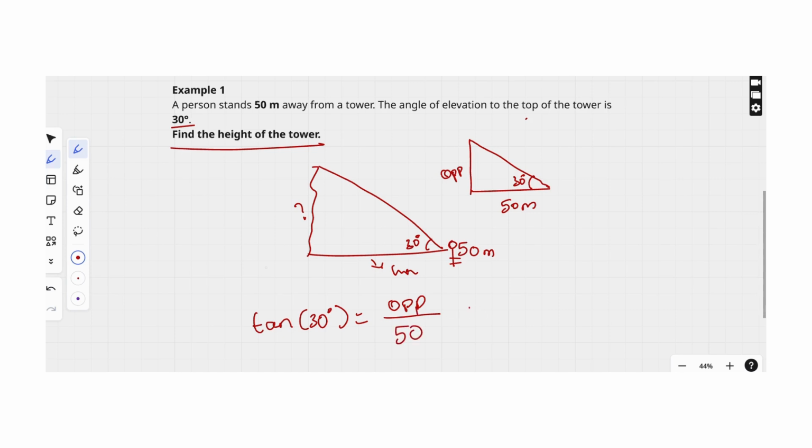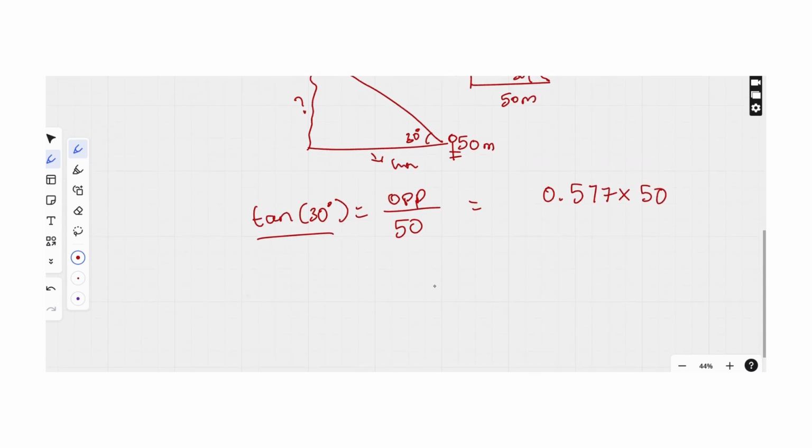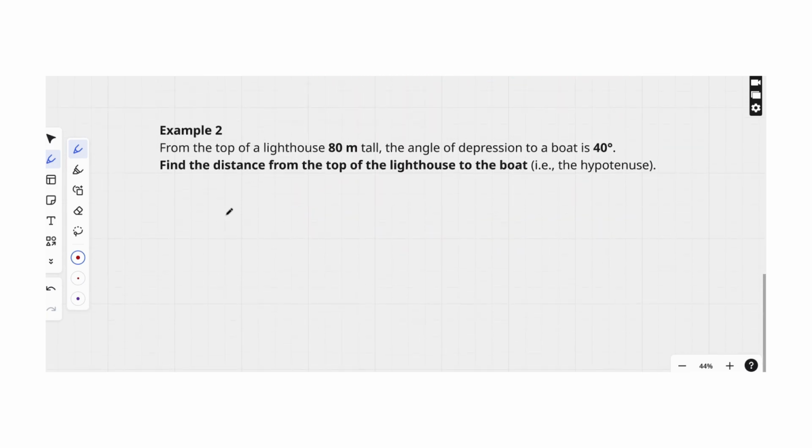If I solve it further, tan 30 is 0.577, times 50, and that would be approximately equal to the opposite side, which is 28.85 meters.